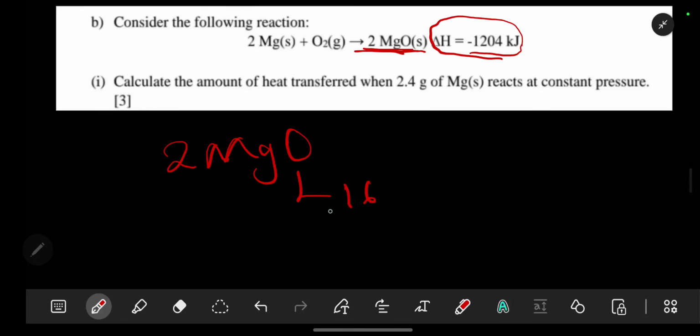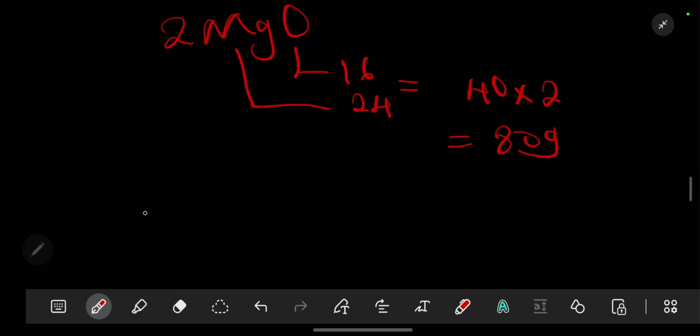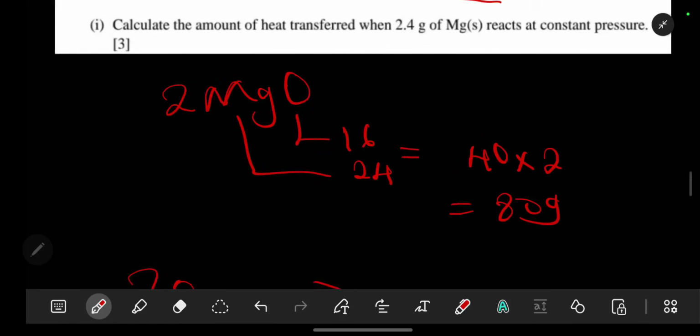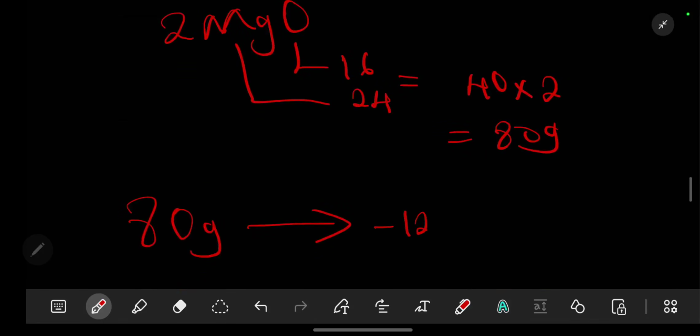Oxygen is 16, magnesium is 24. When you add these, 16 plus 24 gives us 40. So 40 times 2 gives us 80 grams. So this means that if you have 80 grams, you are going to be able to produce negative 1,204 kilojoules of heat.